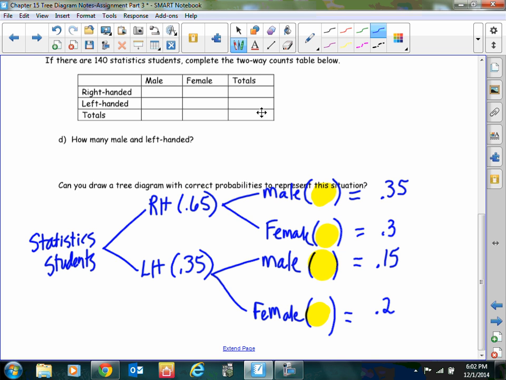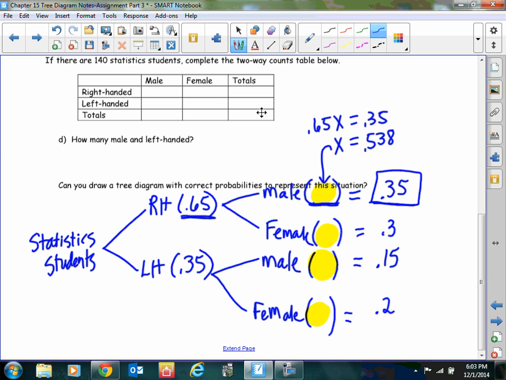I should get 0.35 from multiplying 0.65 times some number. So if 0.65 times some number equals 0.35, then I can solve and get this value to be 0.538. That's how you do it, you just divide.